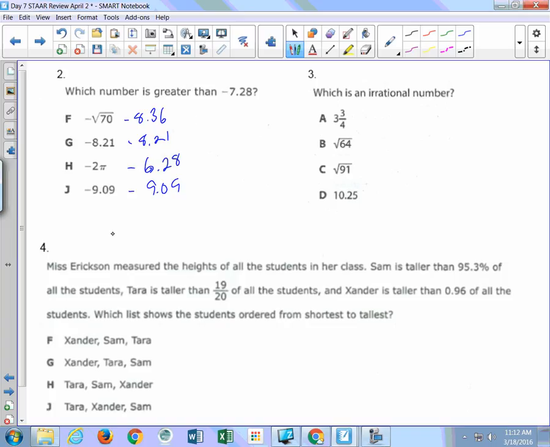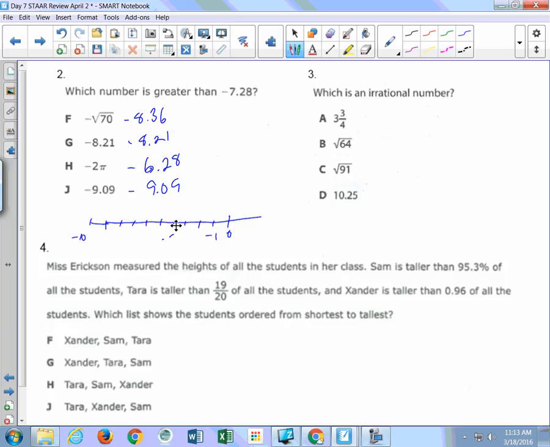If you want to look at it on a number line, here's 0, 1, 2, 3, 4, 5, 6, 7, 8, 9, 10. So here's negative 10 out here. Here's negative 1, 2, 3, 4, 5. There's negative 5.